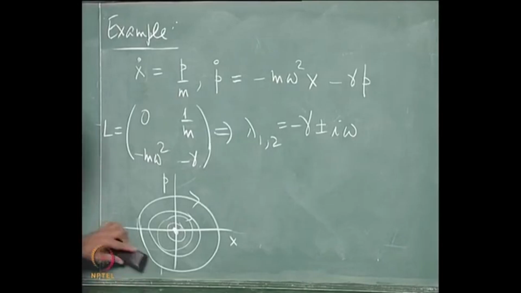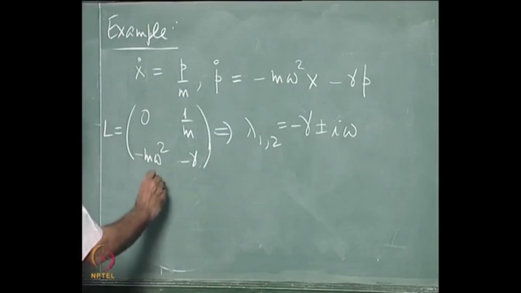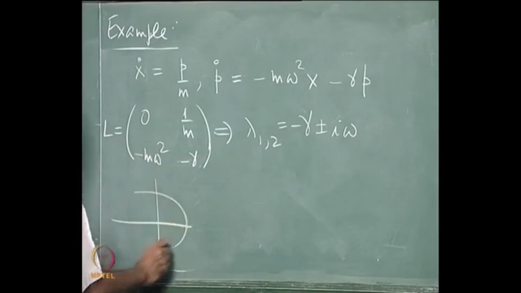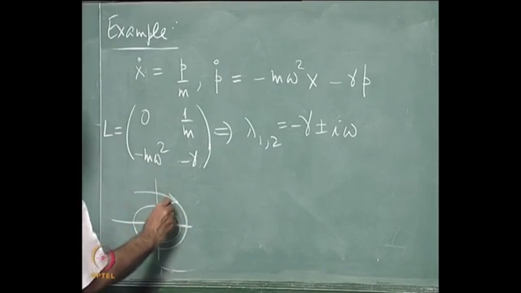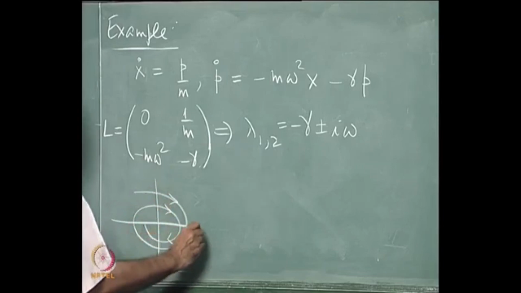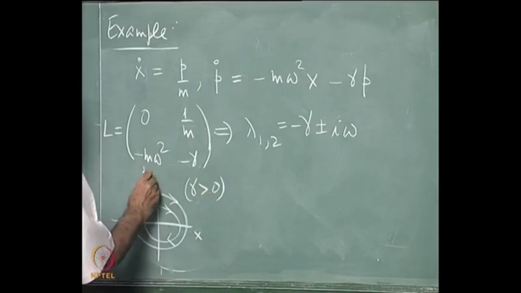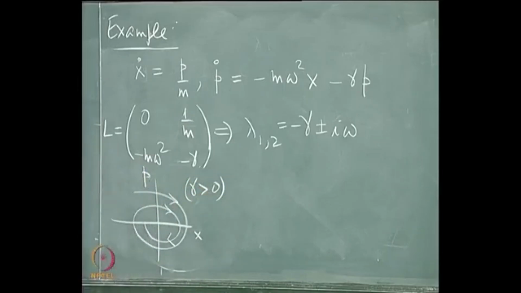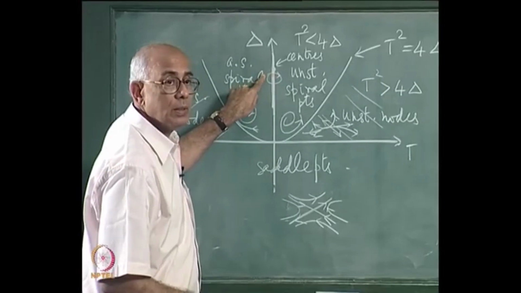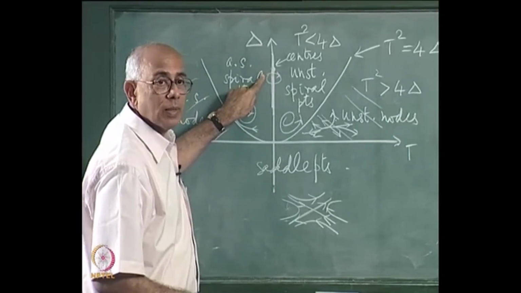So this means that the phase trajectories in this case would reduce to something like this. This is the case of ordinary friction, gamma greater than 0. So introducing a small gamma pushes you from here to this region to asymptotically stable spirals.